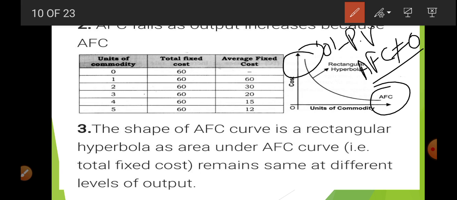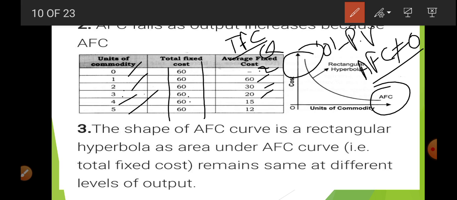Okay, so here you can see that TFC is given, TFC remains constant at all levels of output. So how do we calculate AFC? TFC upon Q. When we divide 60 upon 0, we get infinity. Then 60 upon 1 is 60, 60 upon 2 is 30, 60 upon 3 is 20, 60 upon 4 is 15, and 60 upon 5 is 12.